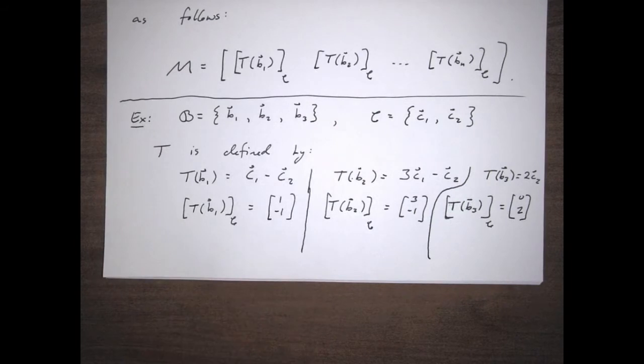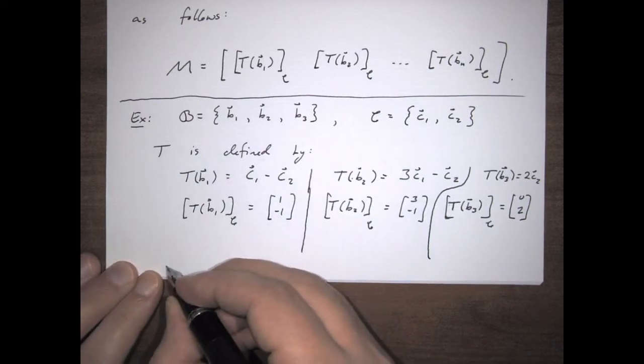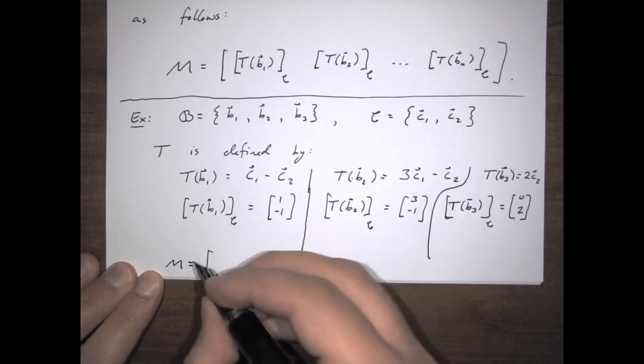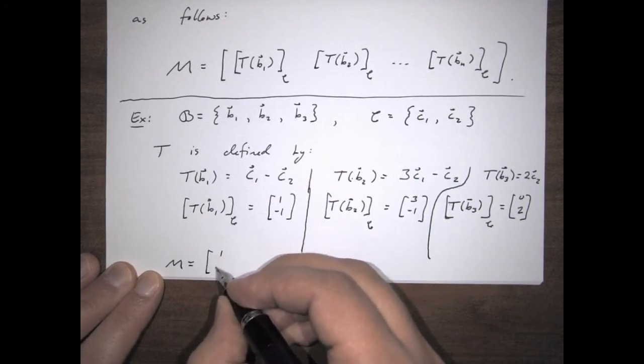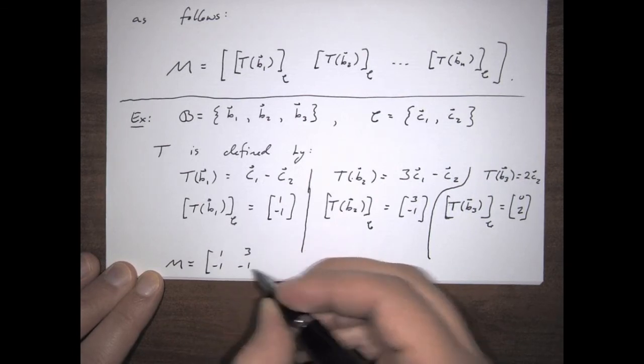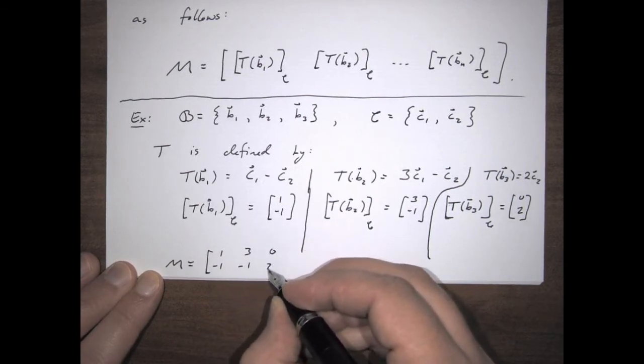So what we've made here are the three coordinate vectors for the images of the elements of B, each relative to C, and now each of those is going to be the corresponding column of M. So it's going to be 1, -1, 3, -1, and 0, 2.